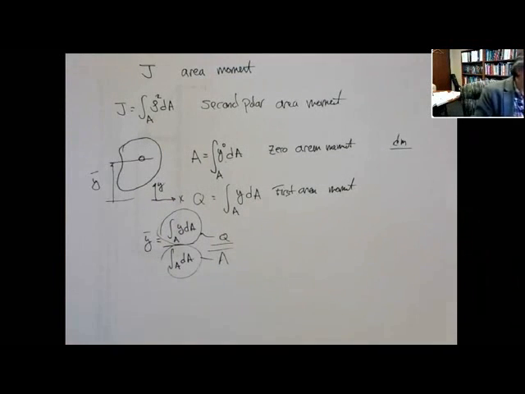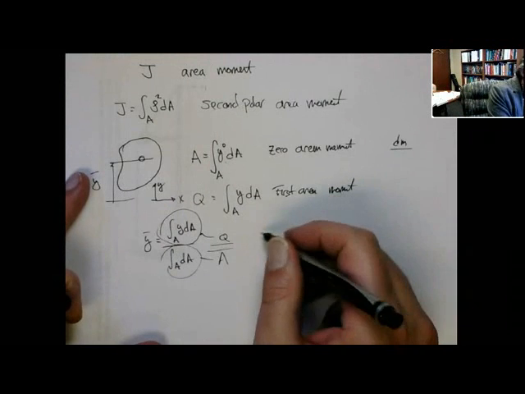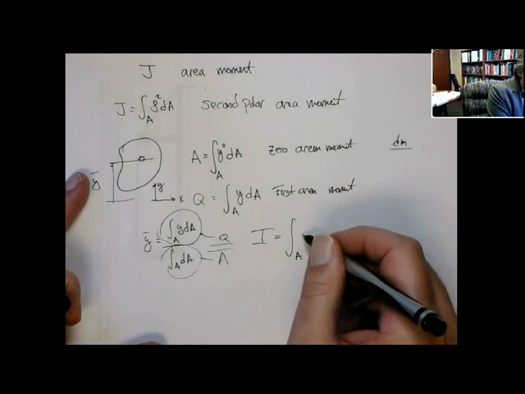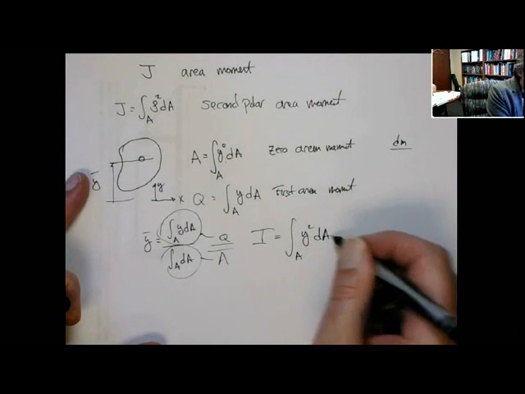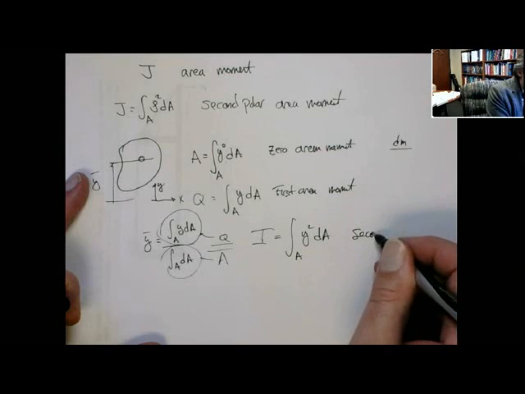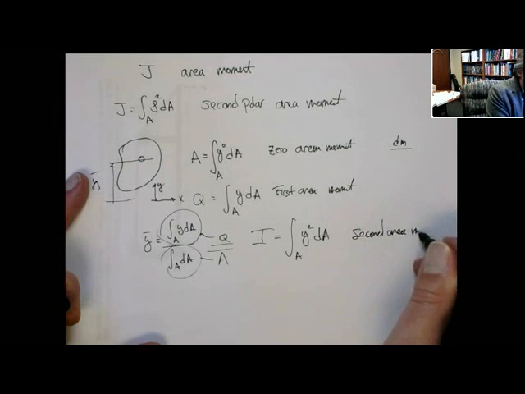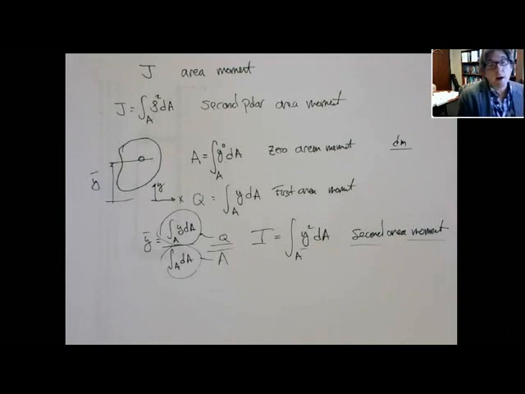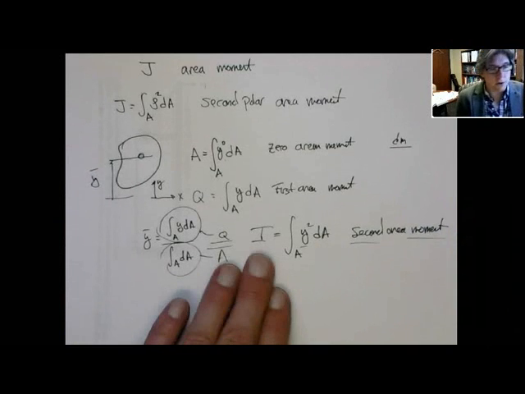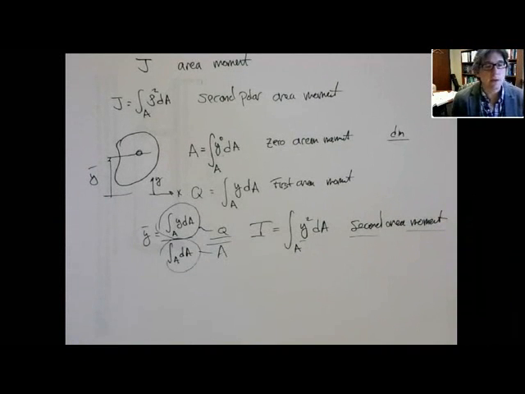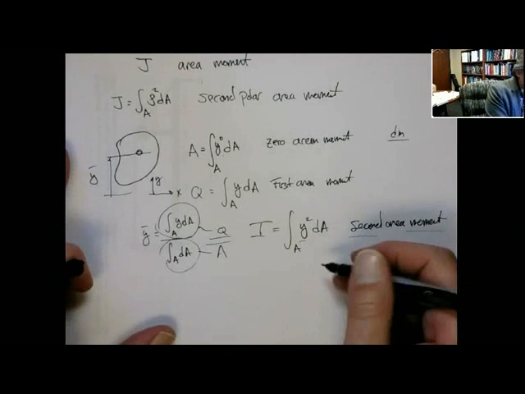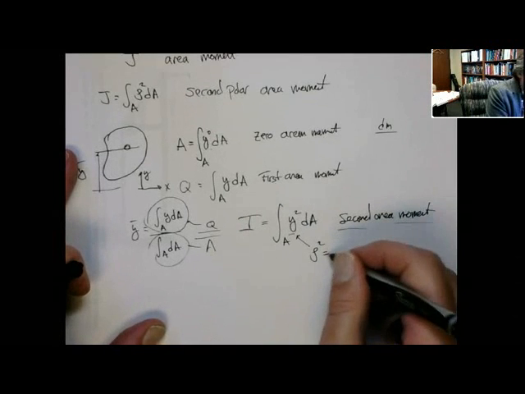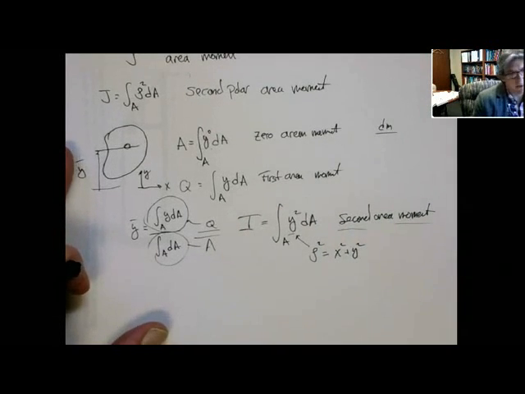Now, when we do torsion, what pops out is the second area. When we do bending, we'll actually call it I. y squared, that's the second area. So it's the second moment because it's y squared dA. In bending, we'll use this, and it's called I. But in our case, it looks a lot like this, but we're not using y, we're using the radius, rho squared, which actually is x squared plus y squared.